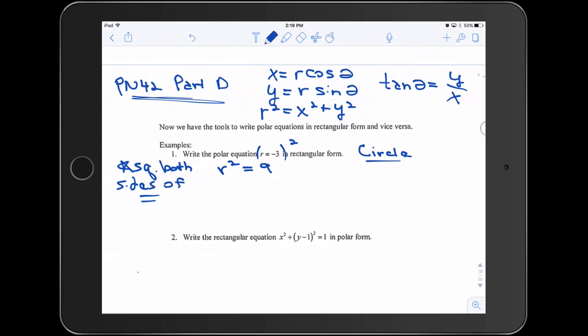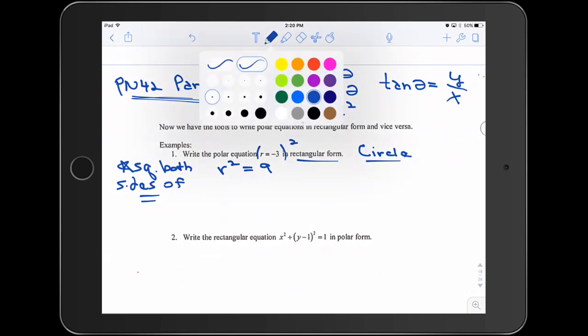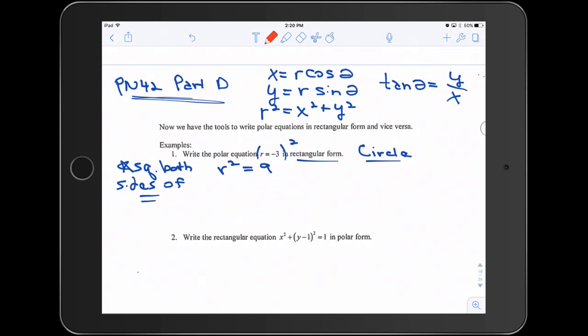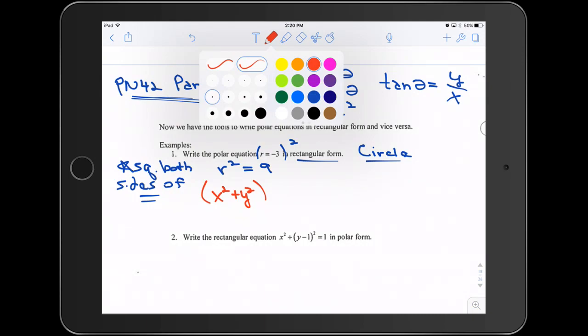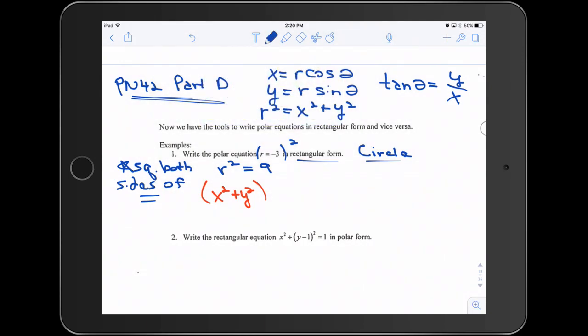We know that r squared equals x squared plus y squared, so to switch it over to rectangular form, which is always in x's and y's, we replace r squared with x squared plus y squared, coming right from the Pythagorean theorem, equals 9.